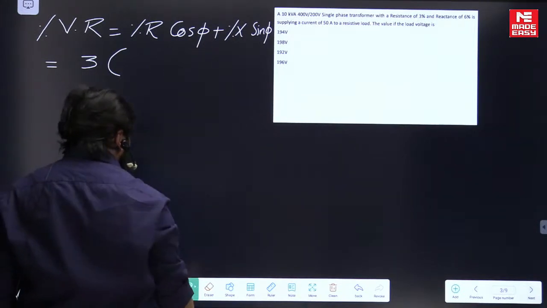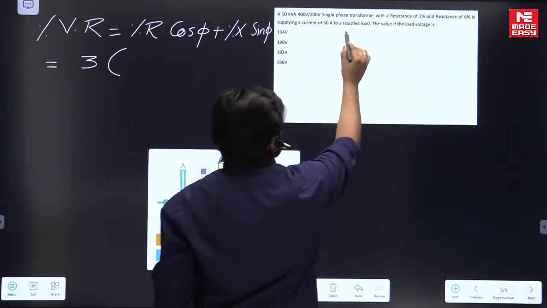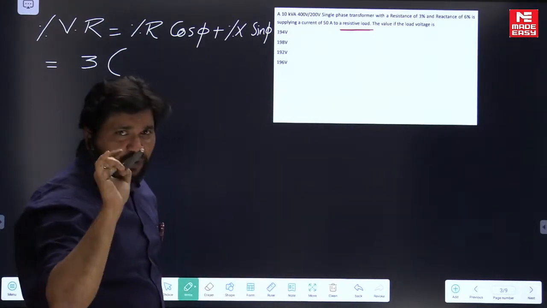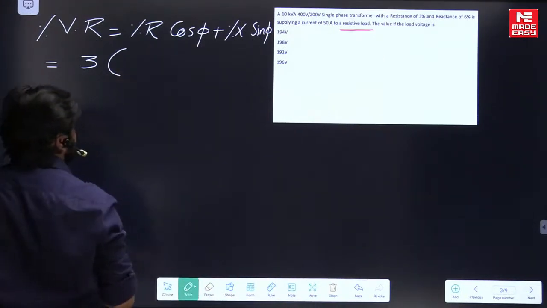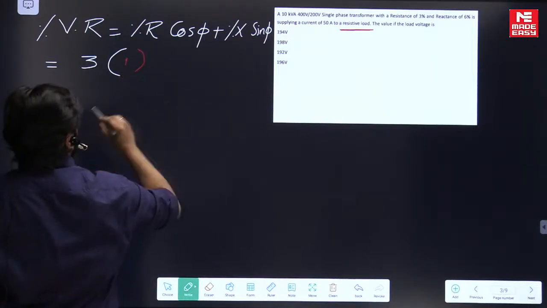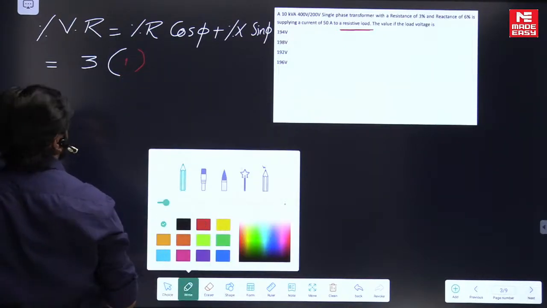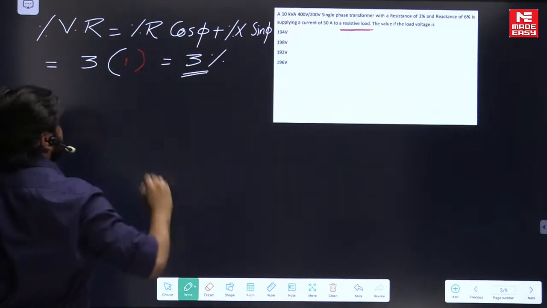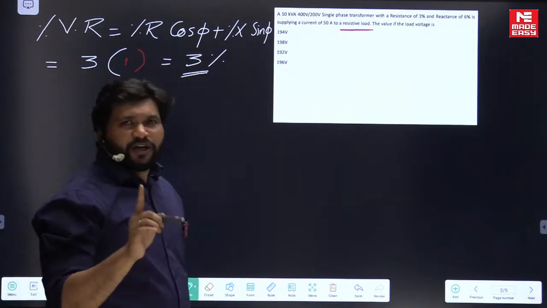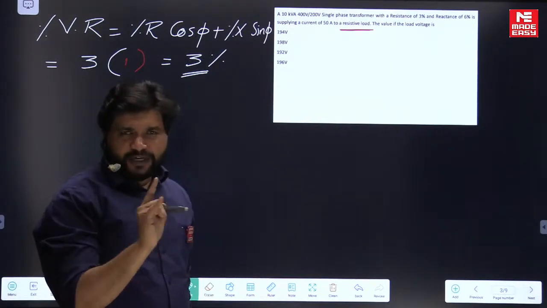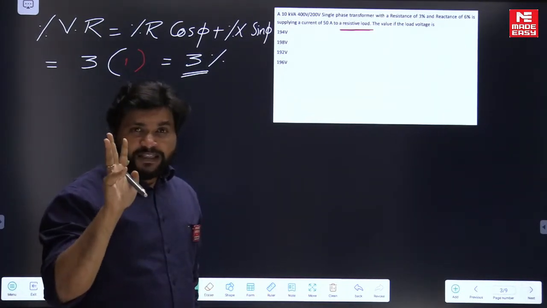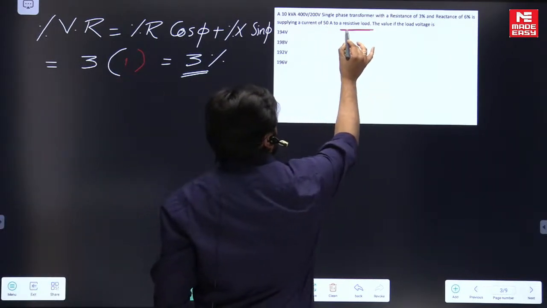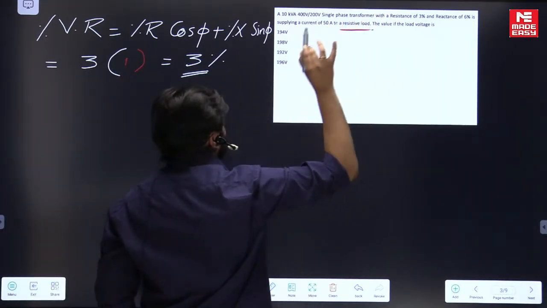As the load is clearly resistive, cos phi is 1, sin phi is 0. That's why simply here 1. This is equal to 3%. Voltage regulation for the given transformer is simply 3%. Why 3%? Because of the resistive loading, we have done it.